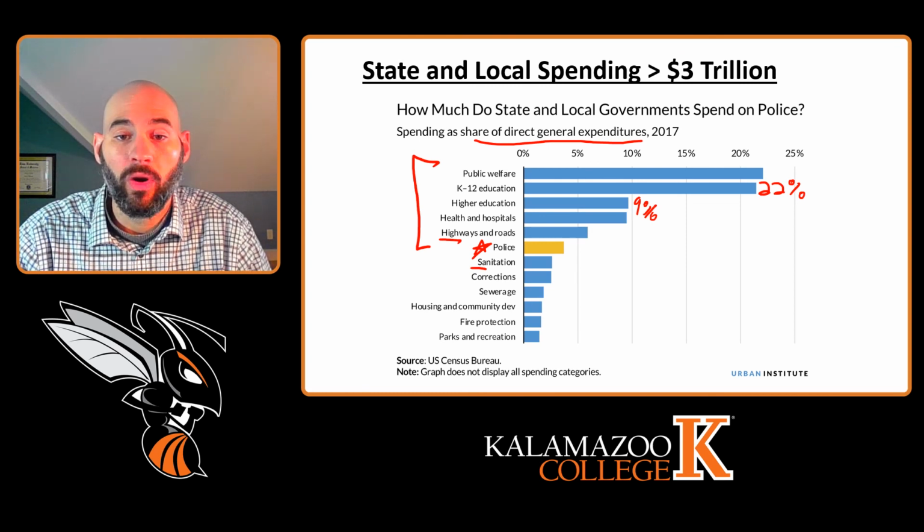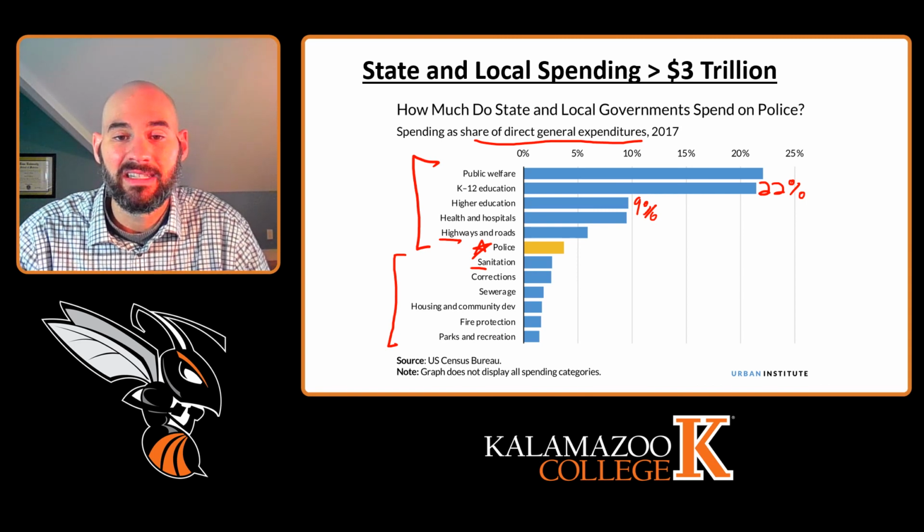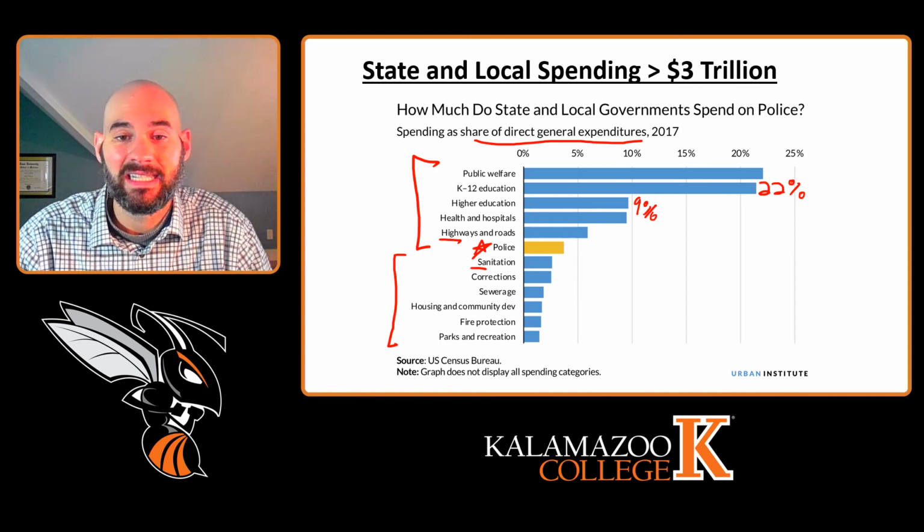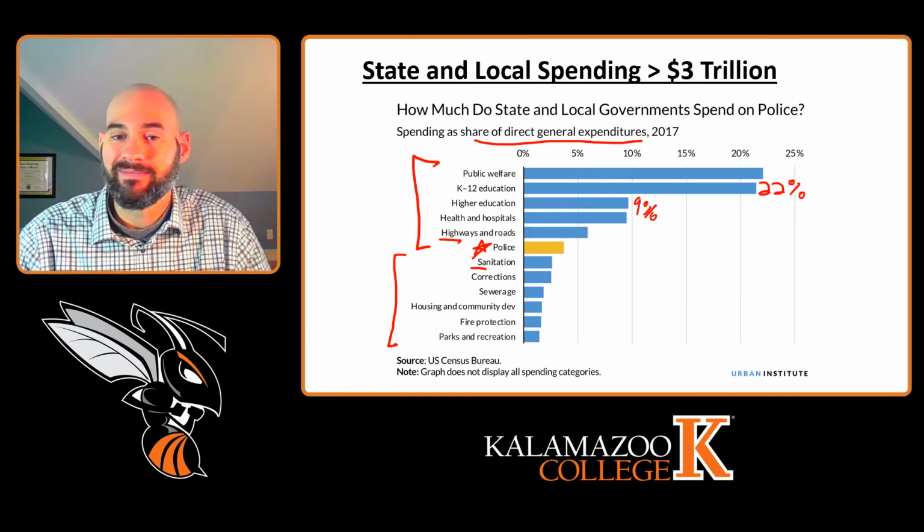But we spend more on police than we do on prison systems, parks and recreation, fire protection, housing, community development, sewers, and sanitation. So yeah, that is all I'm going to say on this right now.